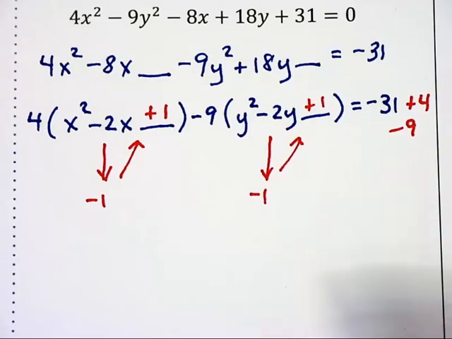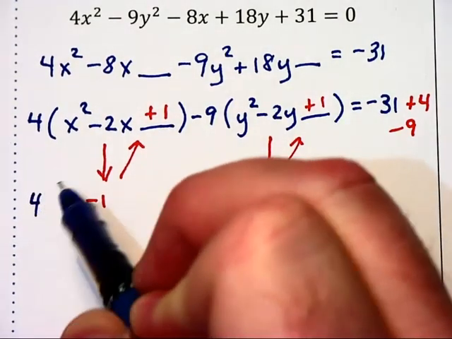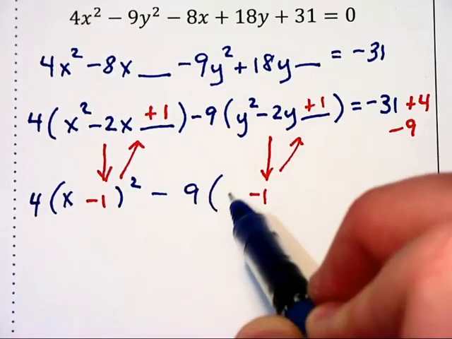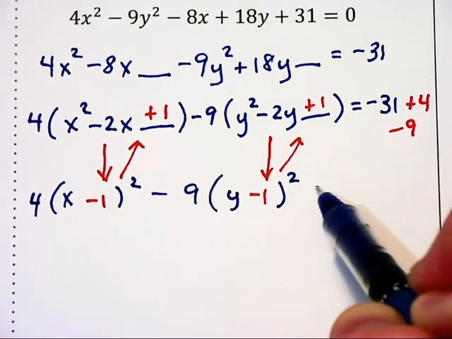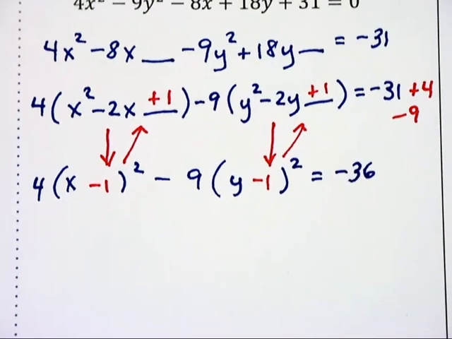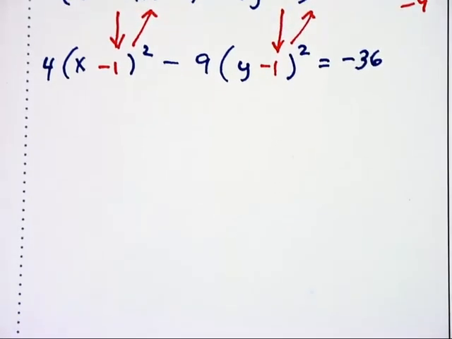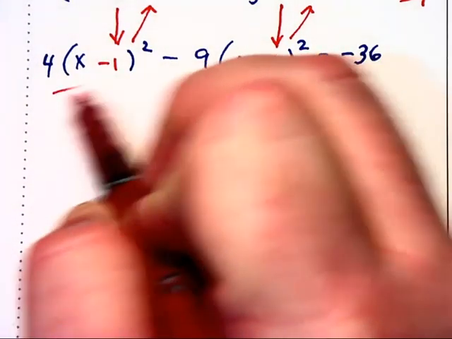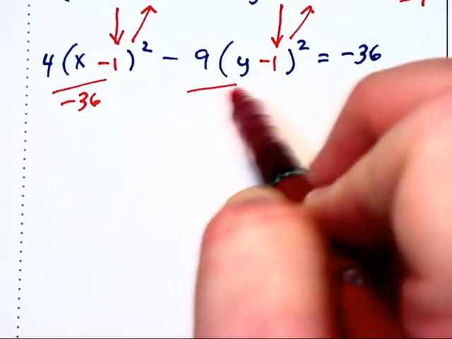And now let's complete the square. We have 4 times the quantity x minus 1 squared minus 9 times the quantity y minus 1 squared equals negative 36. We want this to equal 1 and not a negative 36. So we're going to have to divide each side by negative 36.